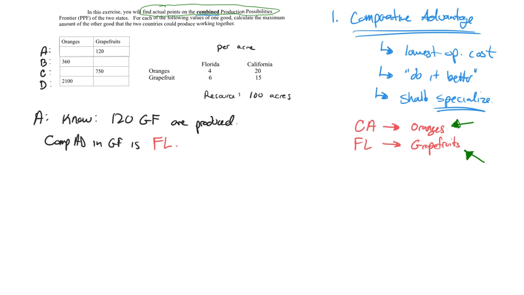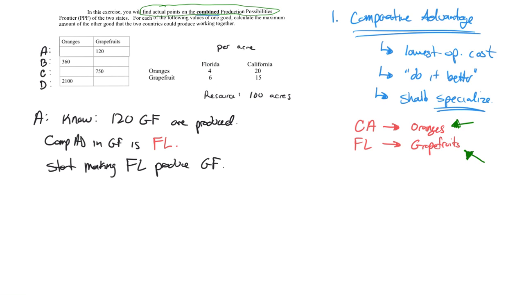Then we say, okay, if Florida has the comparative advantage, start making Florida produce grapefruits. And then we'll see where we're at. We can see that per acre, Florida has 6 grapefruits. So they can produce 6 grapefruits for every 1 acre.